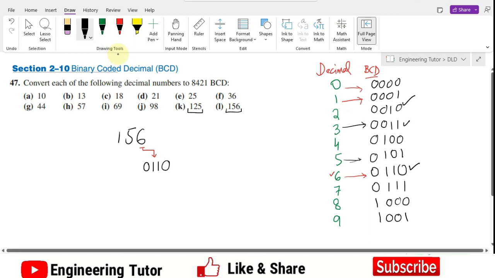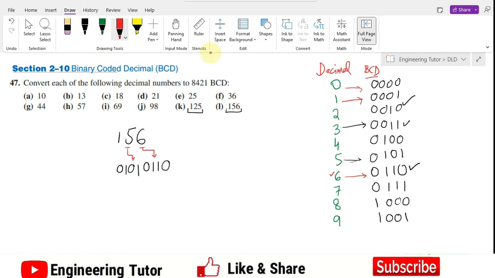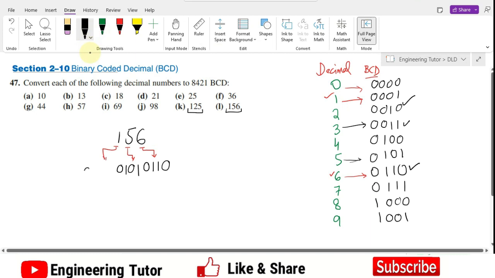For 5 we have 0101, and for 1 we have 0001.